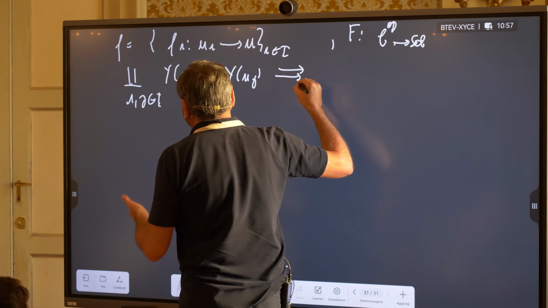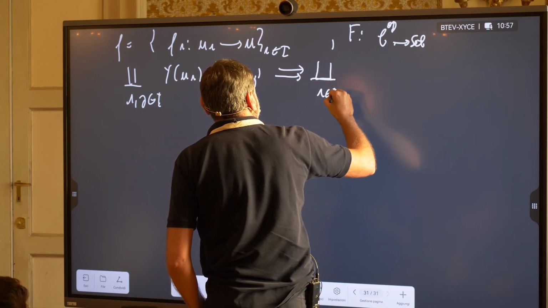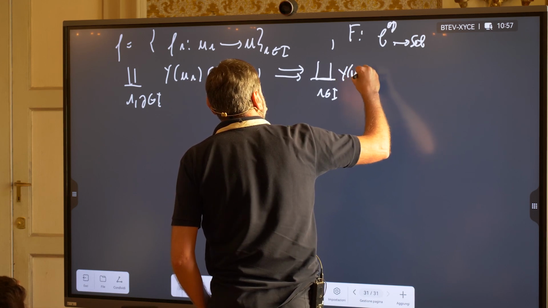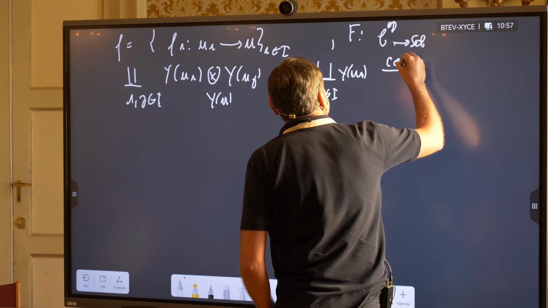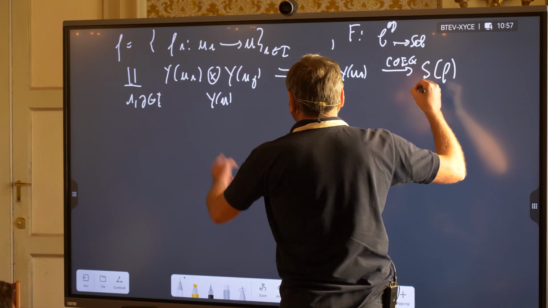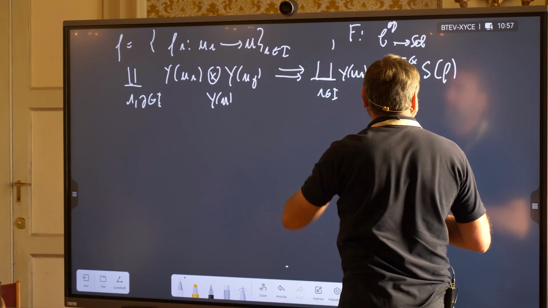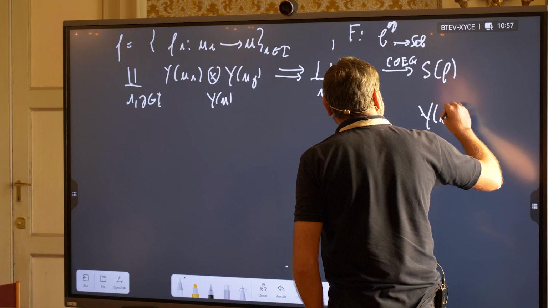We have the co-projection arrows, and we can consider the co-equalizer of this diagram. I will represent it this way.